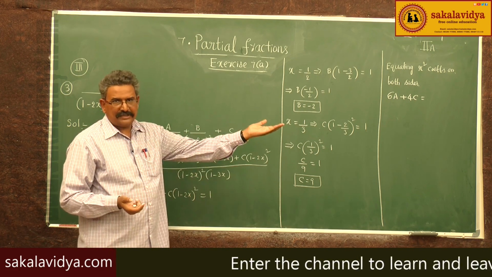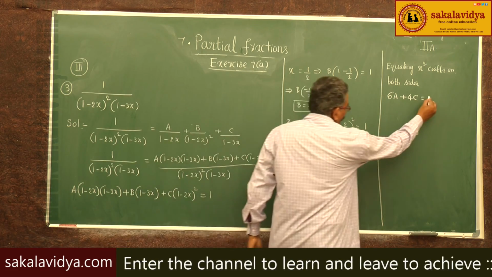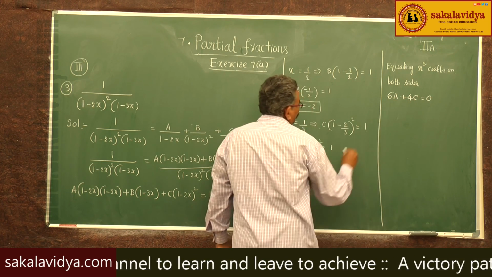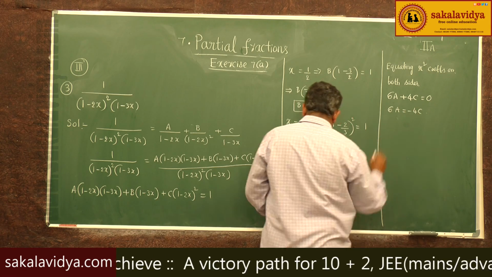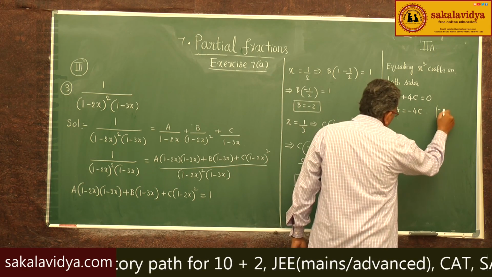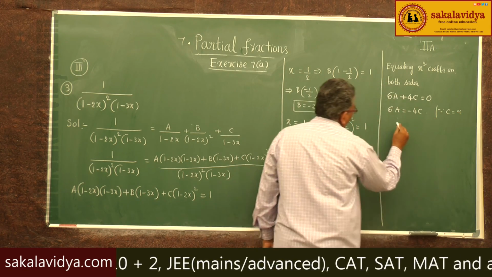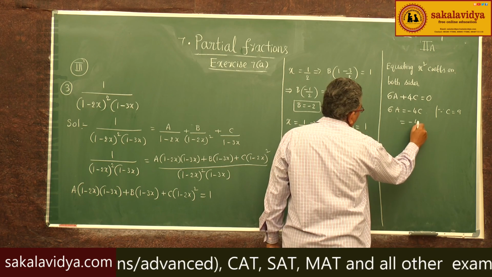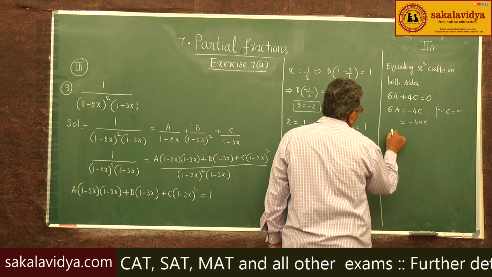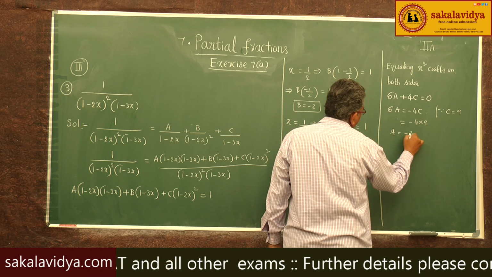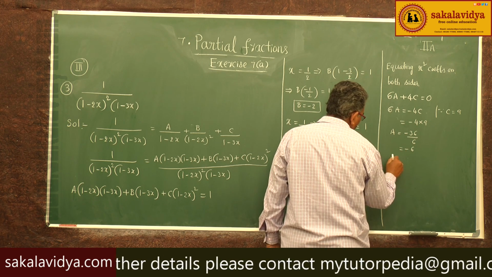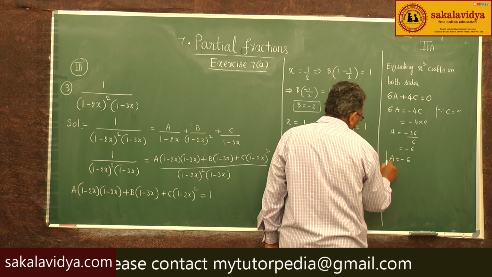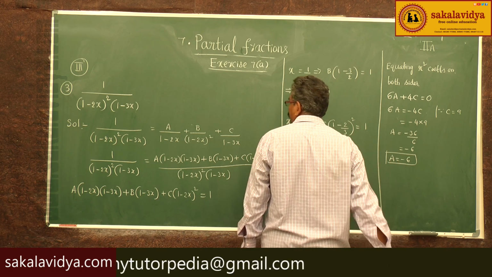So, 6a plus 4c is equal to 0. Now, 6a equals minus 4c, where c is equal to 9. Now, minus 4 into 9, a equals minus 36 by 6. So, a equals minus 6.